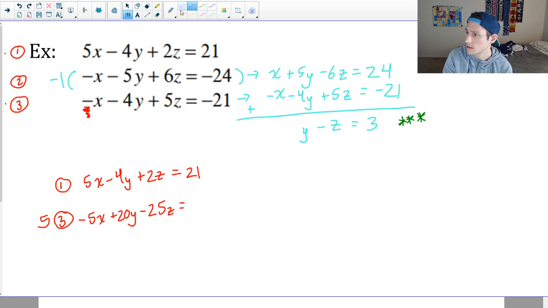Or wait a minute, no, sorry. I screwed this up. I'm not multiplying by negative 5. I'm just multiplying by regular 5. So minus 20y plus 25z. Negative 21 times 5, negative 105.